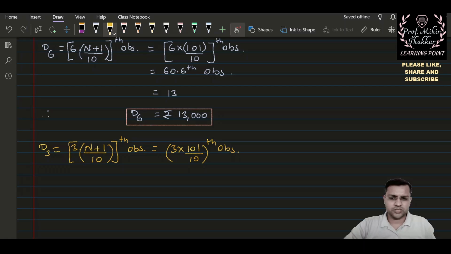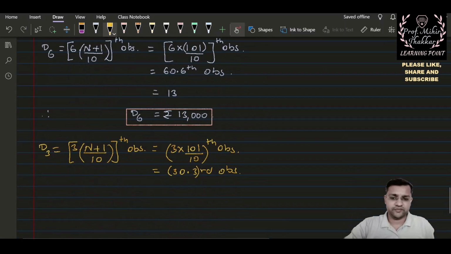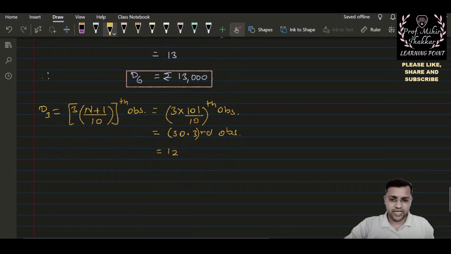So 3 into 101 is 303. When you divide that by 10, you get the 30.3rd observation. The cumulative frequency just greater than 30.3 is 40, and hence the corresponding value is 12. Therefore, the D3 value is rupees 12,000.